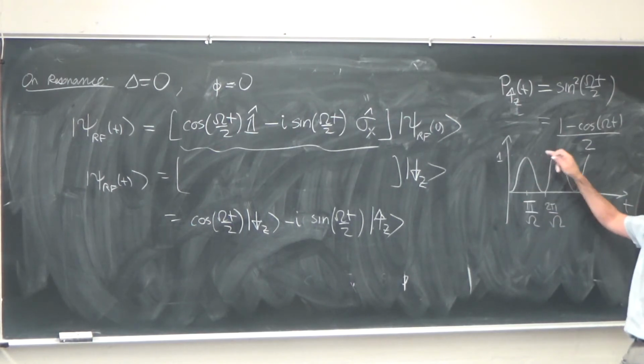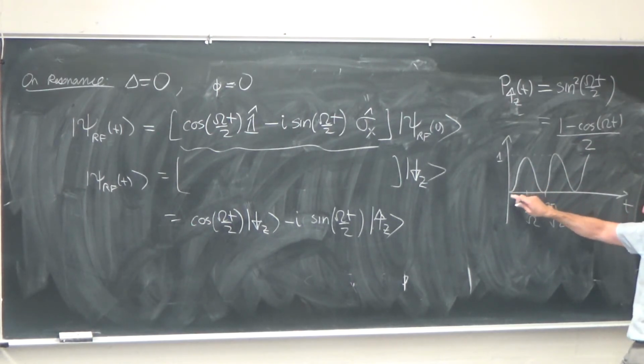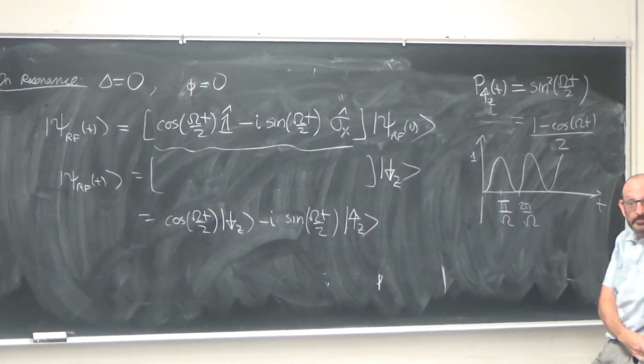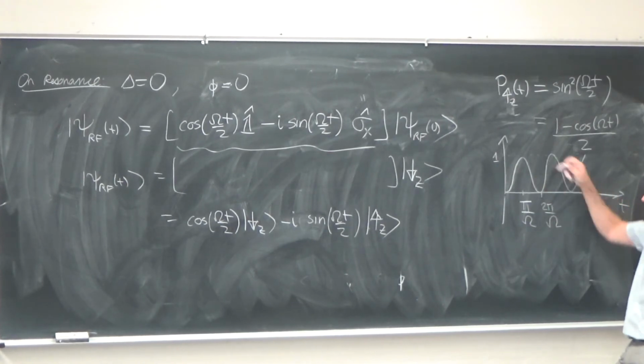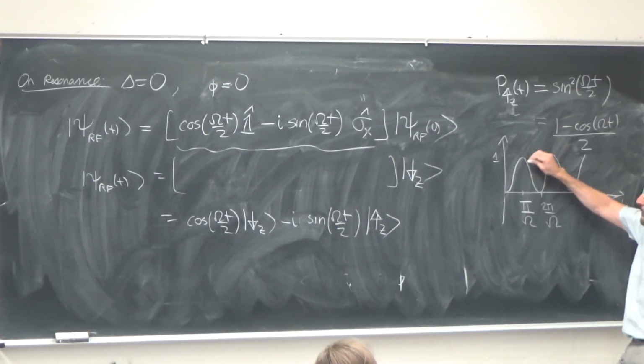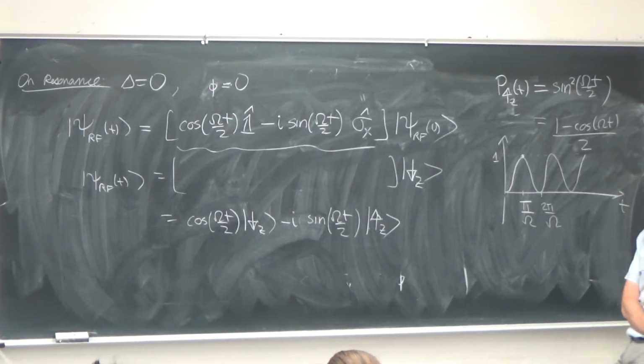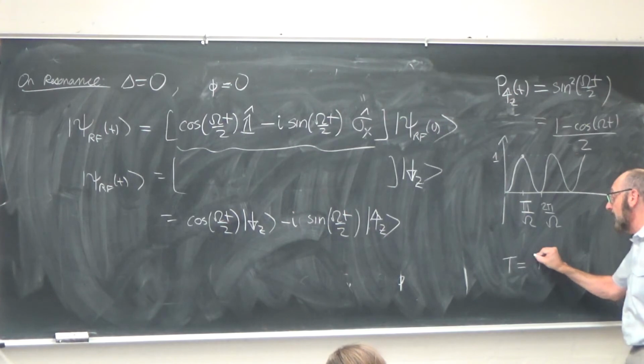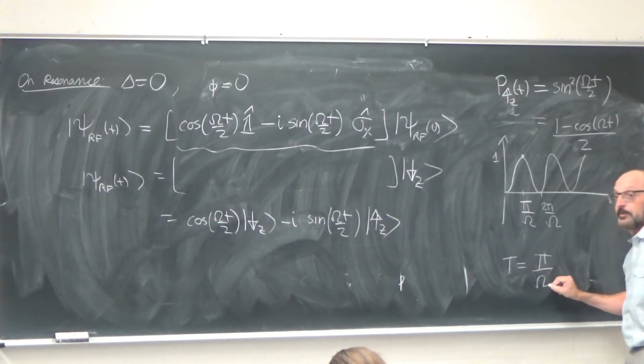But notice, this thing doesn't just jump from here to here. The probability distribution is continuously changing. And it oscillates. At some point, it's 100% probability to be in that state, and that's when the time is equal to pi over omega.